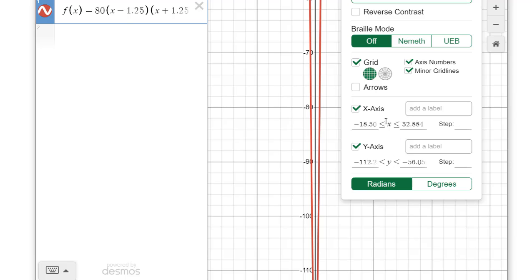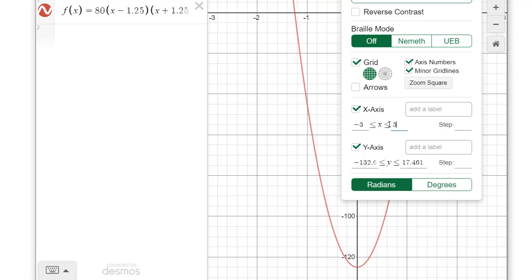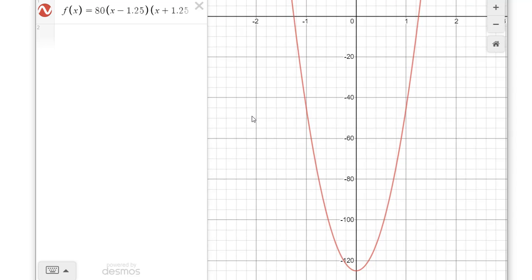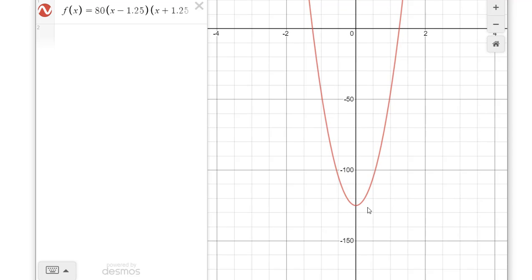So let's make this from negative 6 to 6. Okay, that's better. So you can see that this does indeed represent the shape of the parabola. You're able to find the y-intercept, which is negative 125, and the x-intercepts, which are at negative 1.25 and positive 1.25. You can always check these calculations in Desmos afterwards just to make sure that you've used the correct math to get your answer.